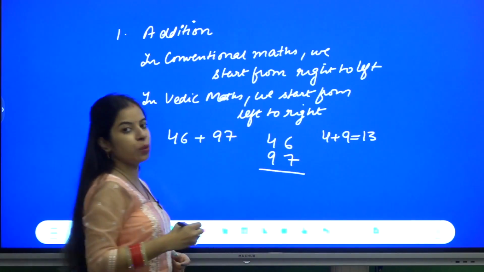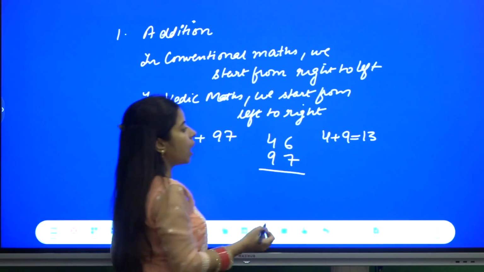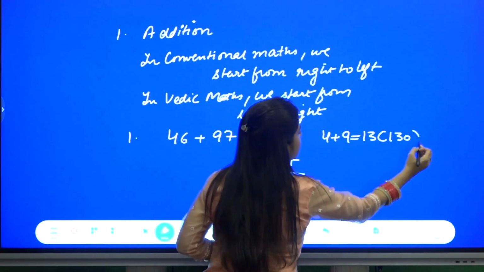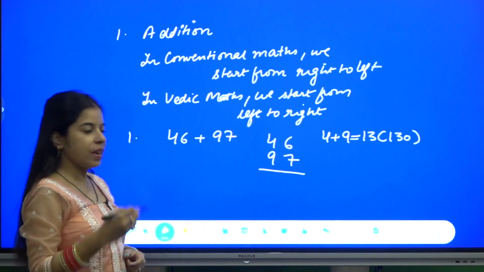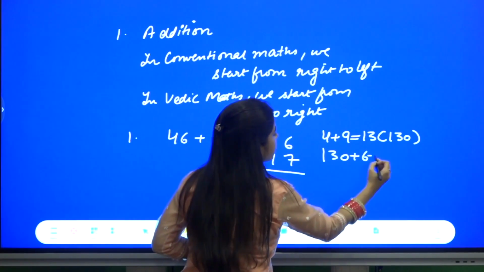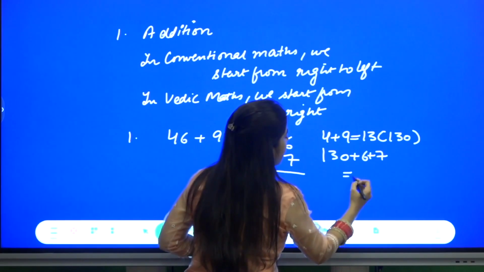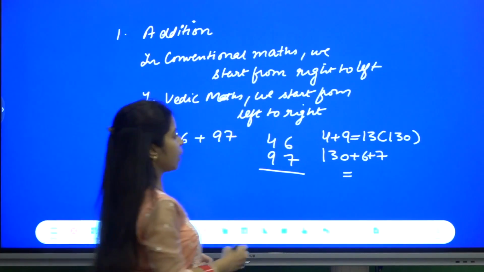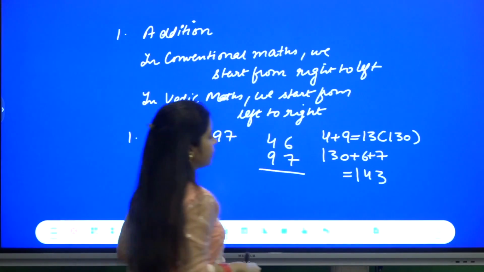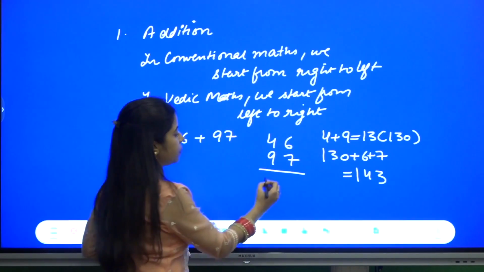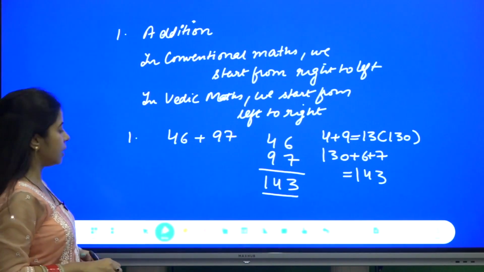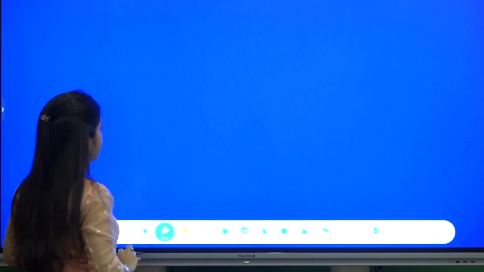So, we are going to put 0 after 3 and this will become 130. Next step is 130 plus 6 plus 7 and this will become 143. So, the final answer will be 143.